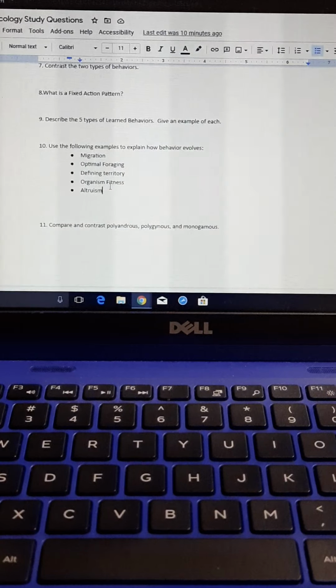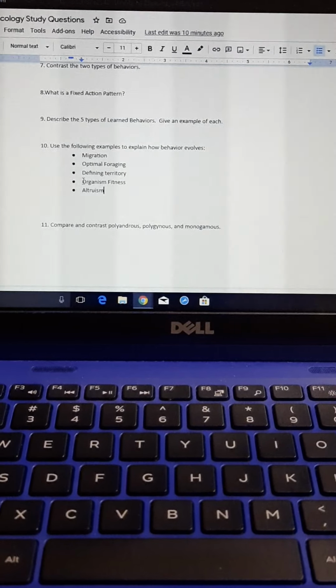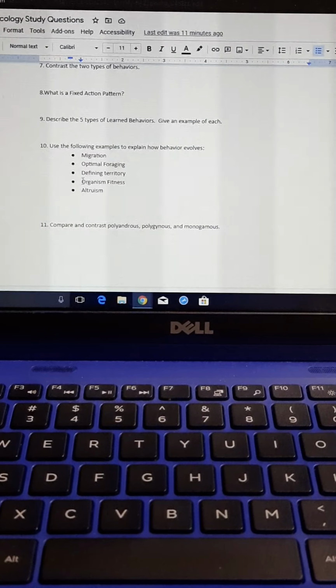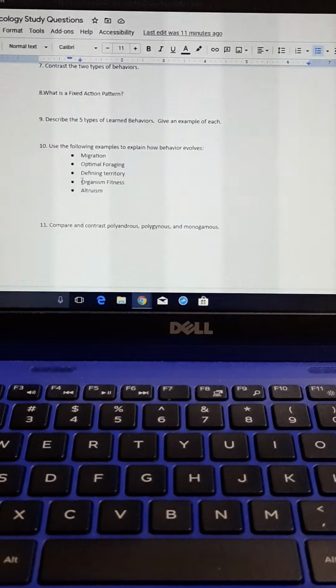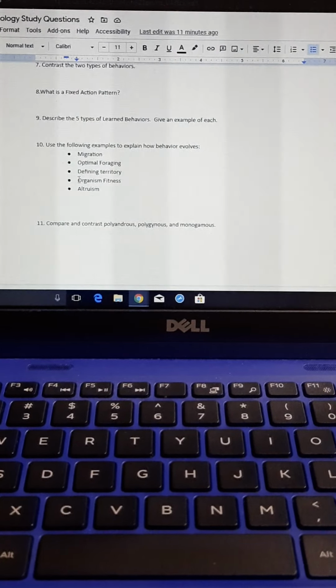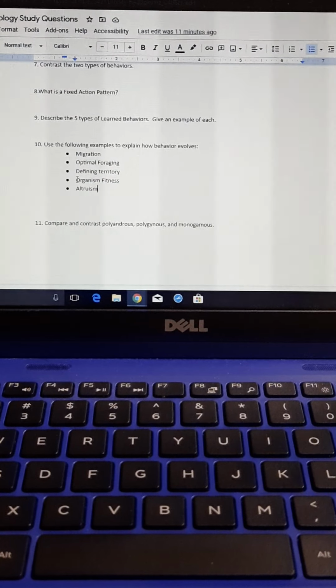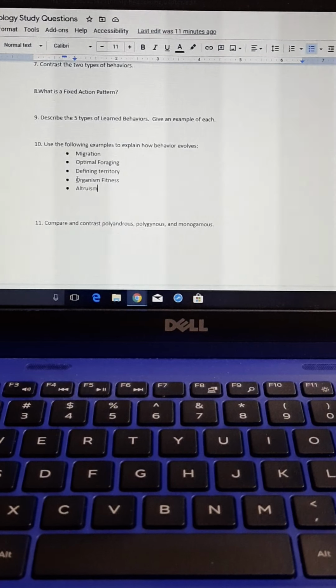Altruism, that's any behavior that increases group fitness but decreases own. This could be warning calls. Natural selection, this would be against natural selection because it does lower that individual organism's own fitness, but it does keep the species going. Penguins actually are pretty good at this altruism.